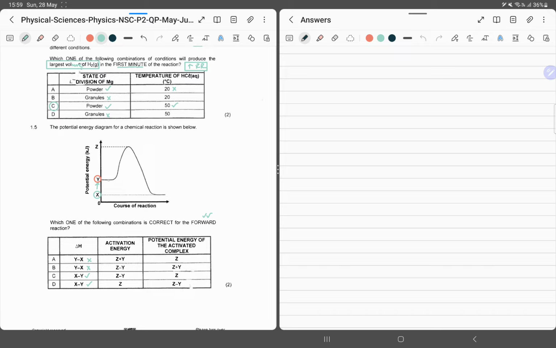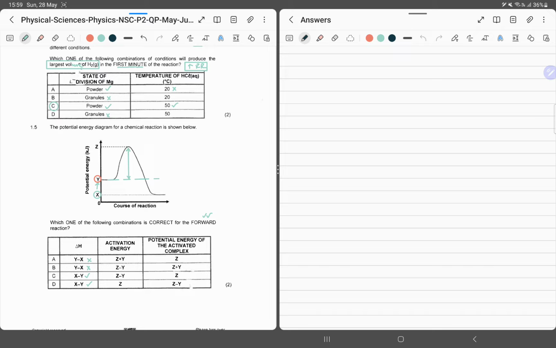Activation energy: if we draw a line here, so this is not a line that exists, but we want to use it. We know that the activation energy is going to span only that portion.